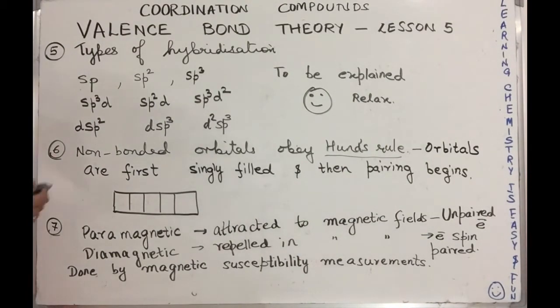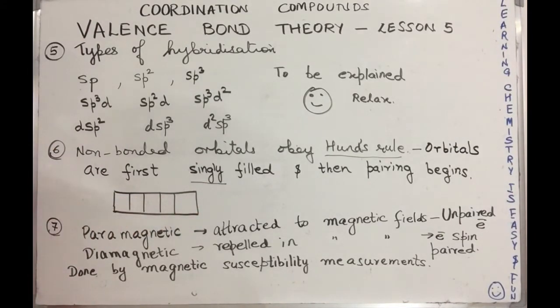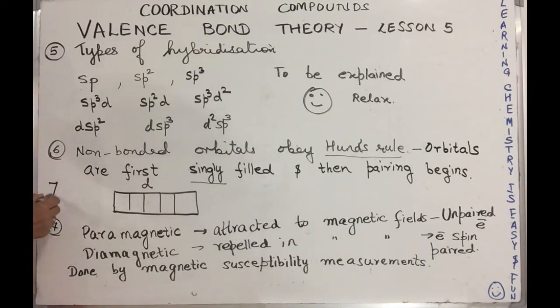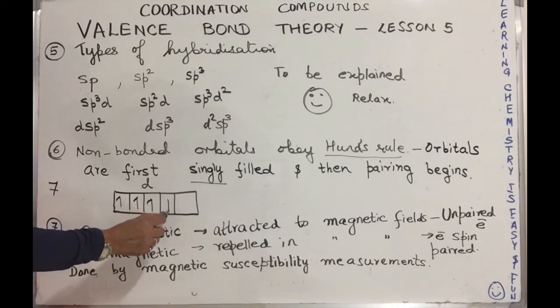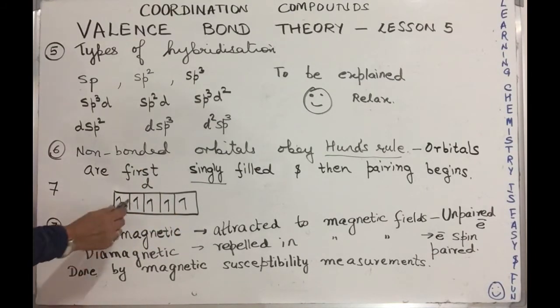It says that orbitals will first be singly filled and then pairing will begin. For example, you have the d orbital and let us suppose 7 electrons need to be accommodated in the d orbitals. Now, according to Hund's rule, you will put 1, 2, 3, 4, 5, right?